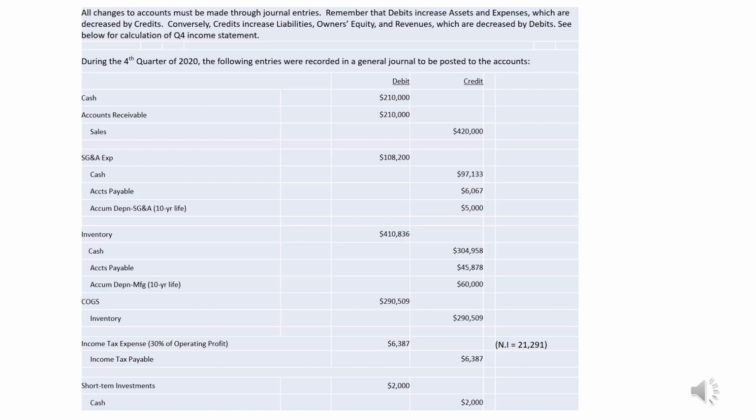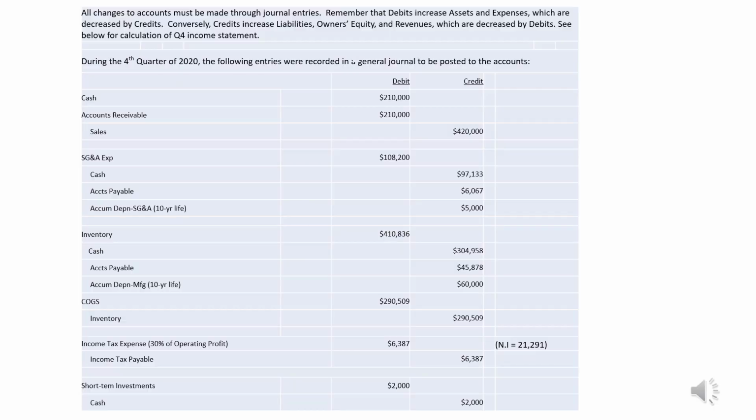Also, when I look at my cash accounts, I haven't spent all of my cash. I end up with a little over $7,000 worth of cash, and I have a policy of maintaining cash of somewhere between $5,000 and $6,000. Therefore, I have a couple of $1,000s worth of surplus cash that I can invest in short-term investments, and that's the last entry that you see there.